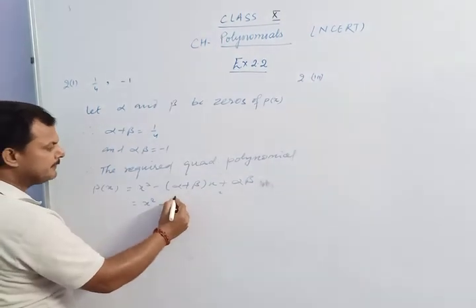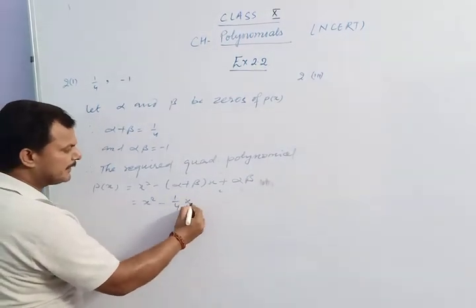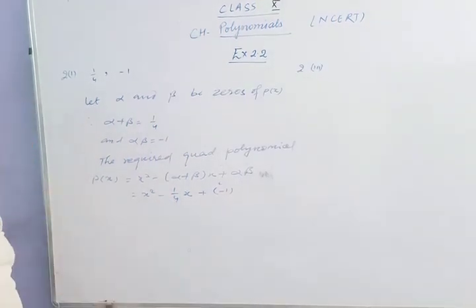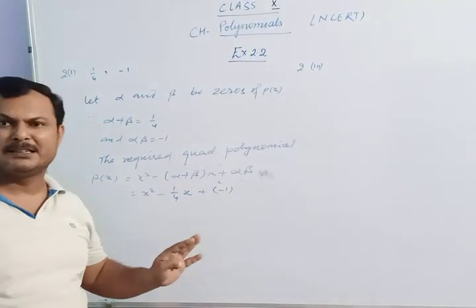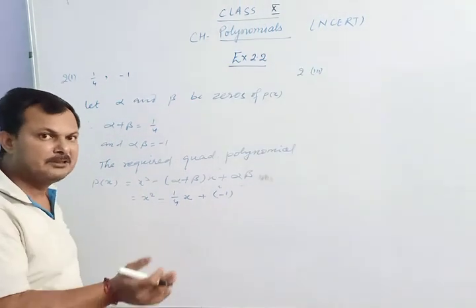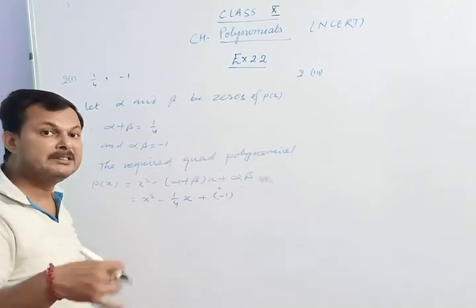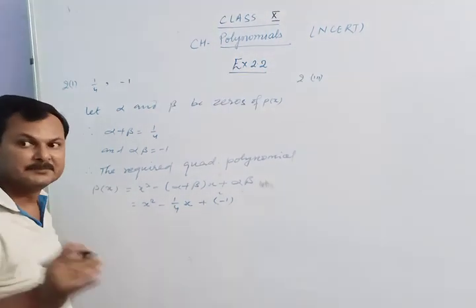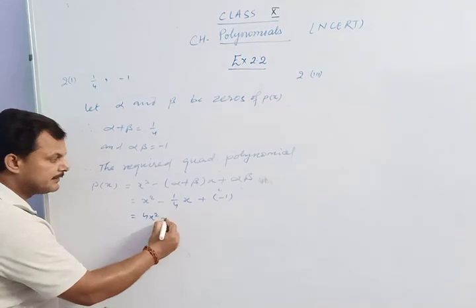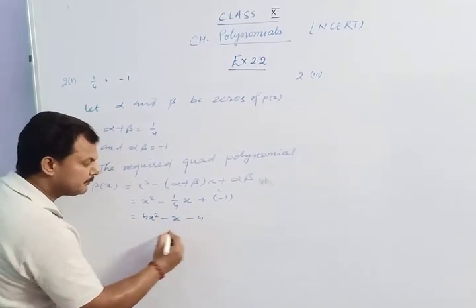Alpha plus beta is given 1 by 4 x. Here alpha beta is given minus 1. You observe the denominator. If a denominator is coming in the given polynomial, you have to multiply by that denominator. If there are two different denominators, then you have to multiply by their LCM. Clear? Multiply by 4: 4x square, then it becomes x, it becomes minus 4. This is the required polynomial.